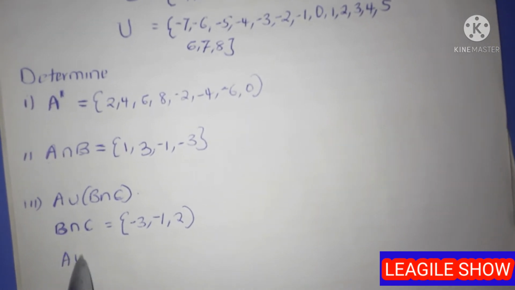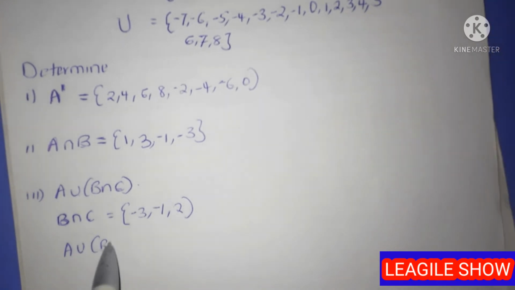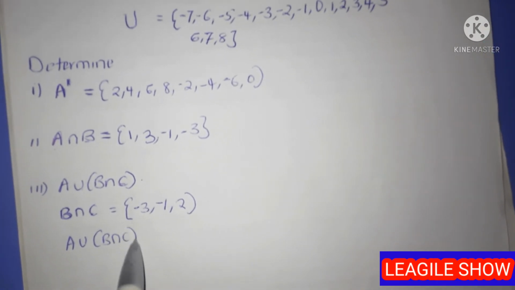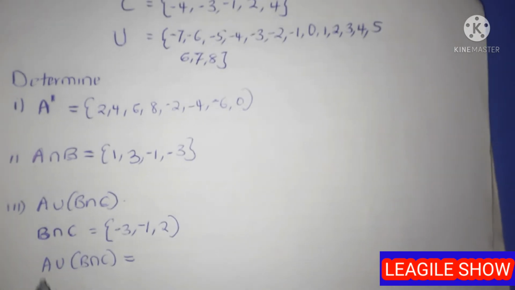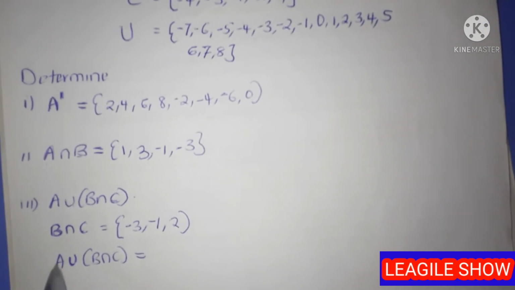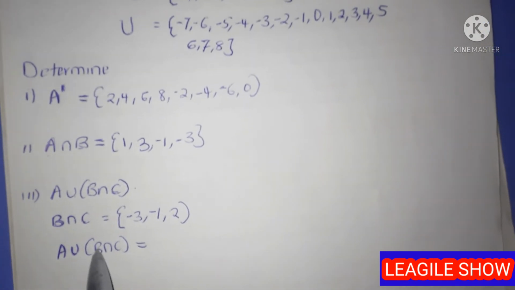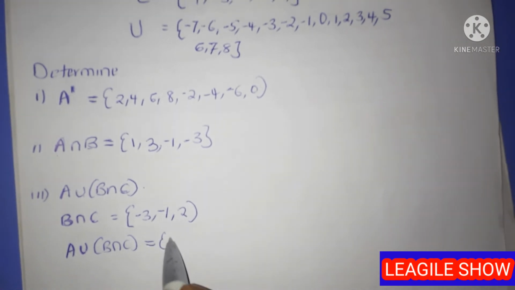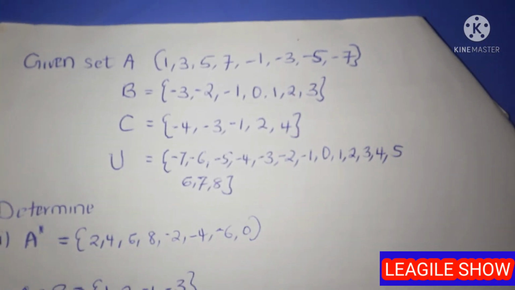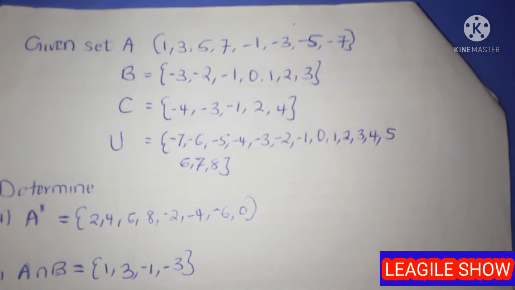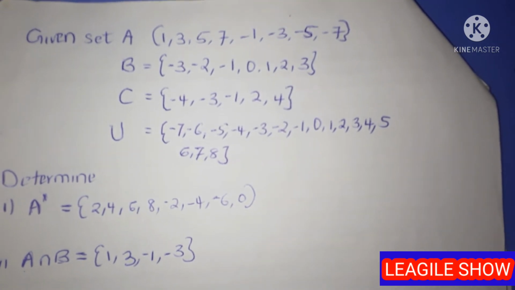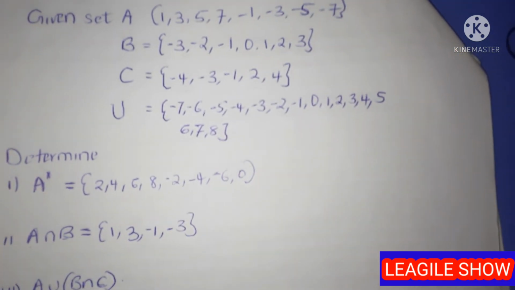So A union B intersection C will be, remember we are uniting this, so this will contain all elements in A and in this intersection, and that will contain, let's check, the first one as -3.